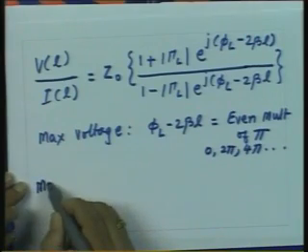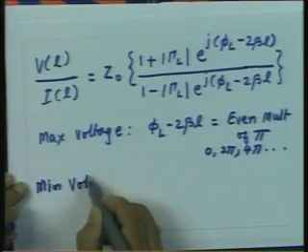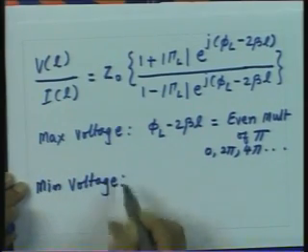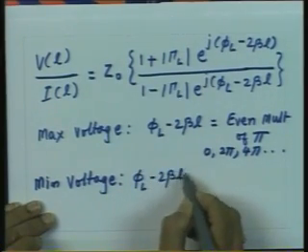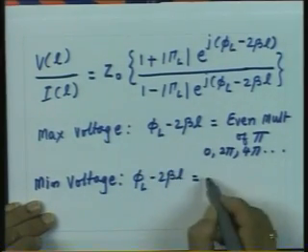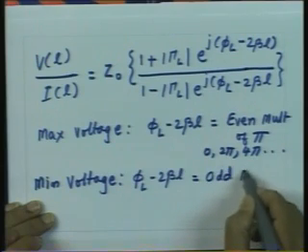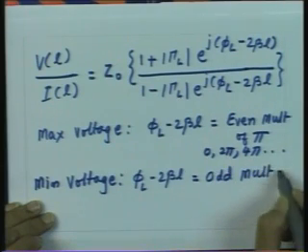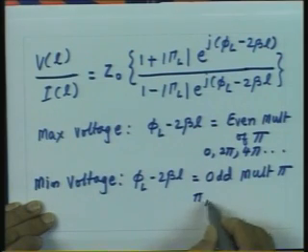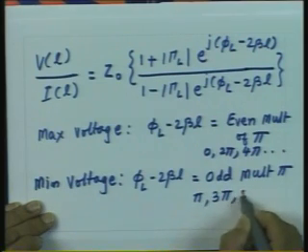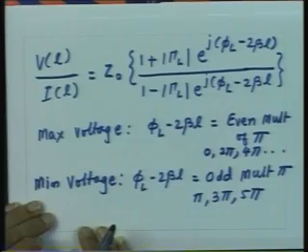For minimum voltage, phi L minus 2 beta L is equal to odd multiple of pi, that is pi, 3 pi, 5 pi and so on.